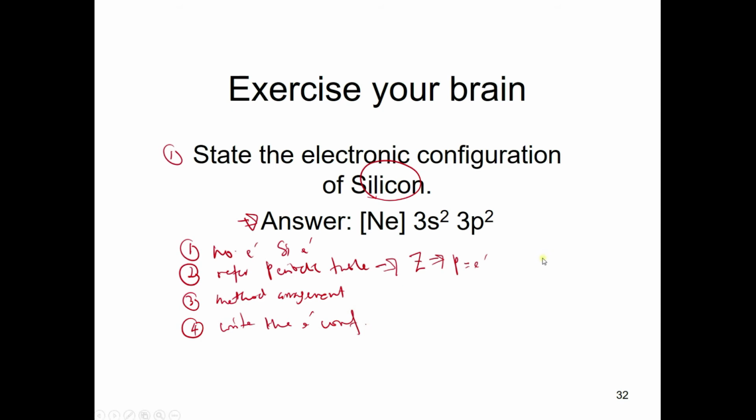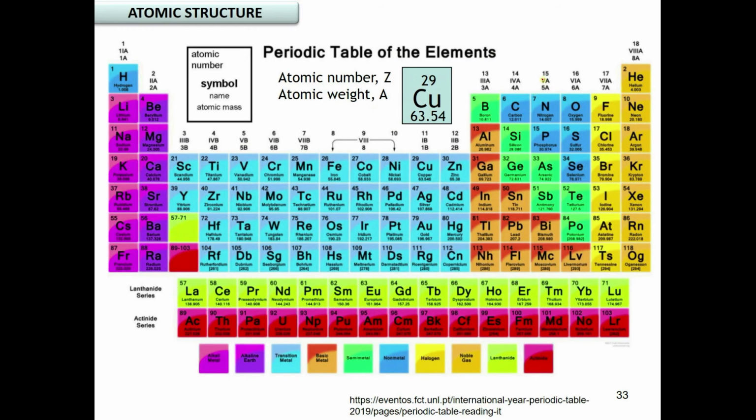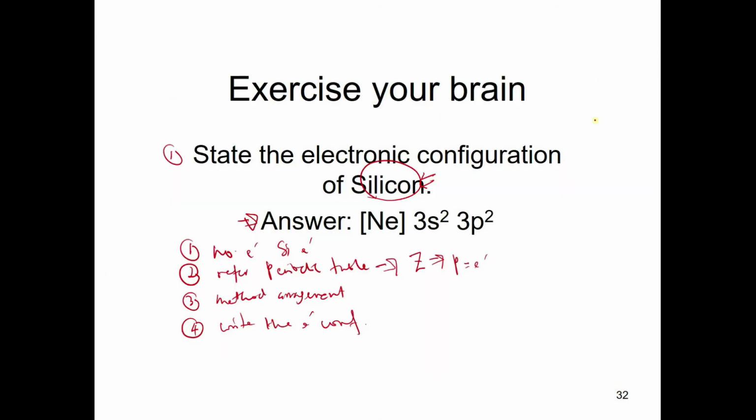Okay, so for this exercise, we have to refer to the periodic table for silicon. Here, you will find silicon having a Z value equal to 14. The Z value equal to 14 means that the number of electrons inside the silicon is 14. So next, you have to draw the method of arrangement.